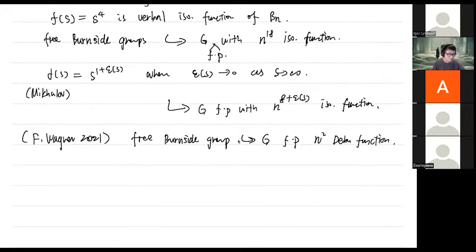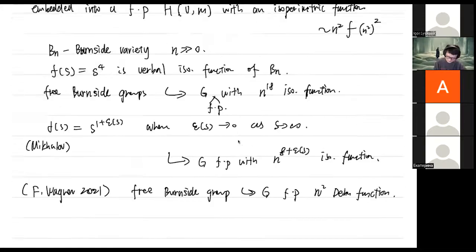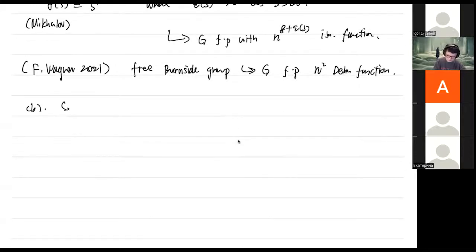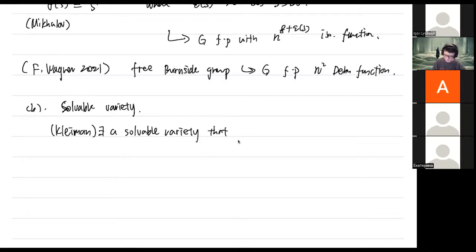So this is part A. The last one I have to mention today is about the solvable variety. As a result of Kleiman, there exists a solvable variety with non-recursive verbal isoparametric function.